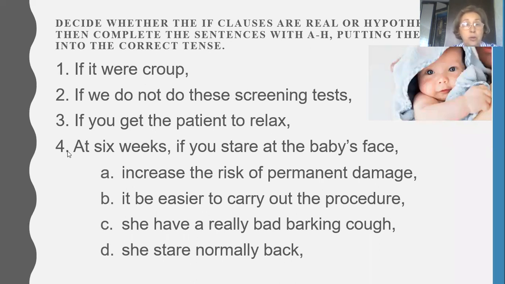And then we should match the beginnings of the sentences from 1 to 4 with the endings from A to D. And we should change the form of the verbs in the second part of the sentence, because we need to change them. And in order to use the correct form of the verbs, we need to understand whether it's the first or second conditional, whether it's a real or hypothetical situation. Is the task clear?